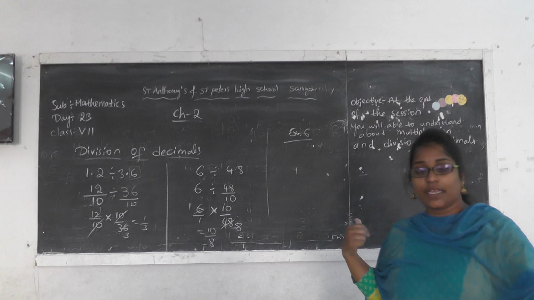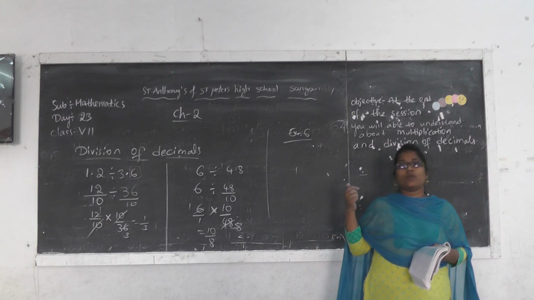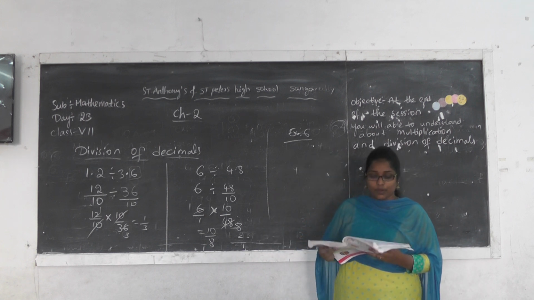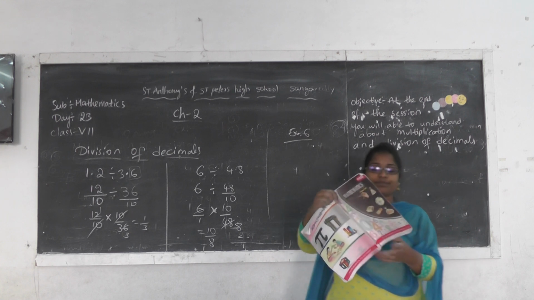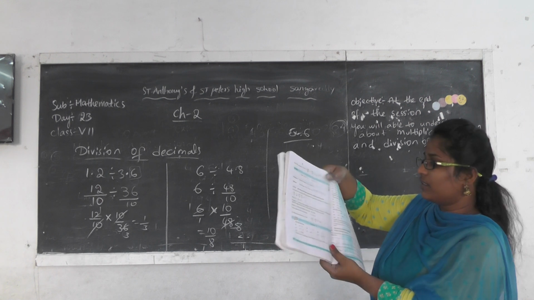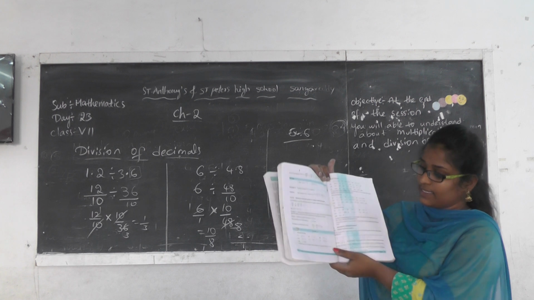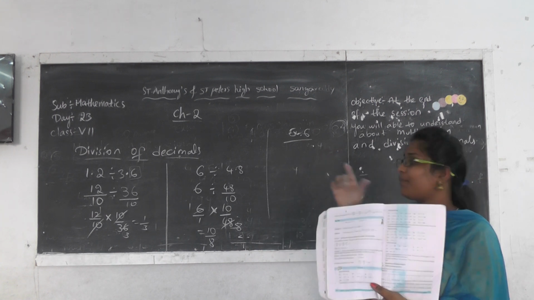I already explained how to multiply and how to divide decimal numbers. So now you solve the problems in exercise 6. In exercise 6, the first, third, fifth and sixth bits are similar problems.